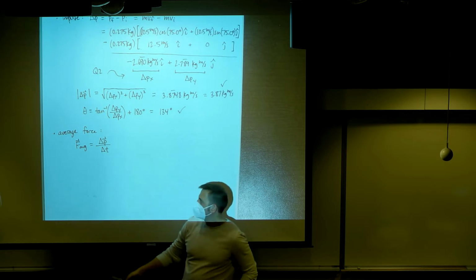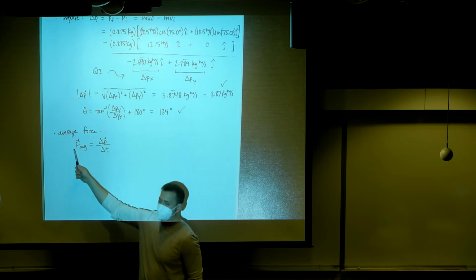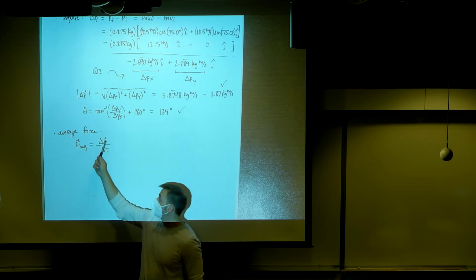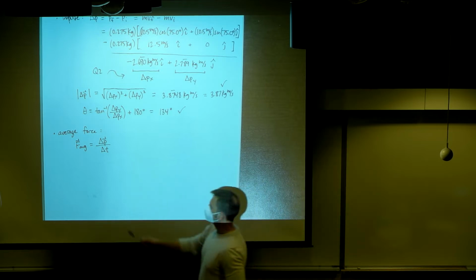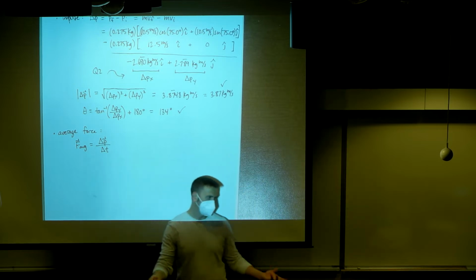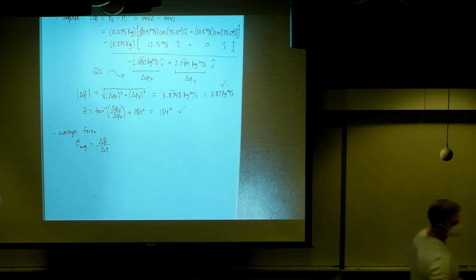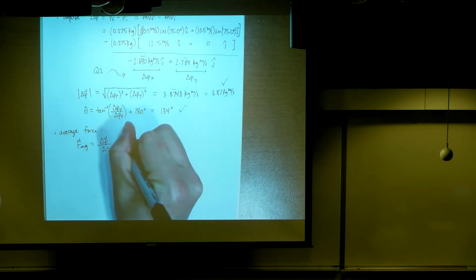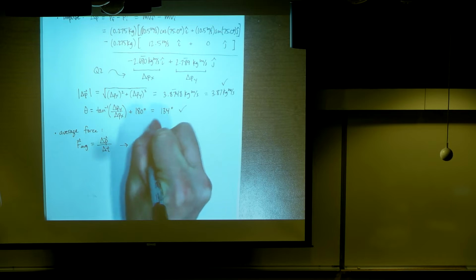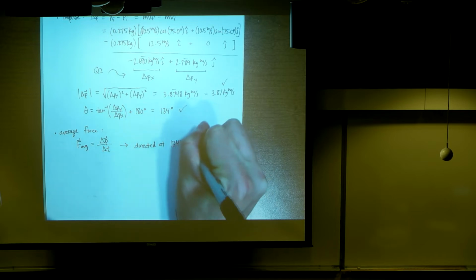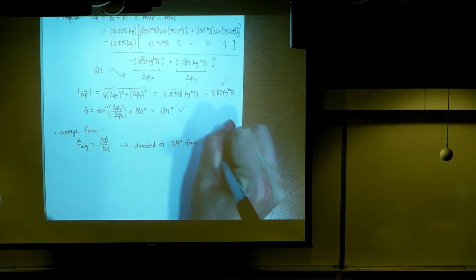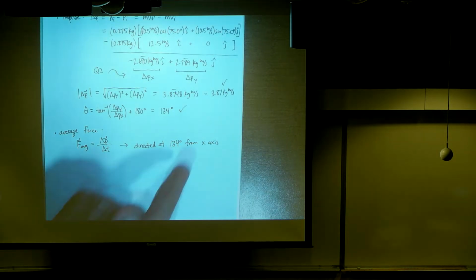So that means the average force is in the same exact direction as the change in momentum. So right away I know the average force is directed at 134 degrees from the x-axis, because we already worked that out.